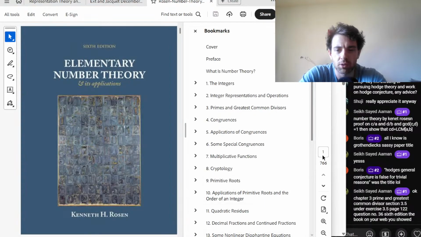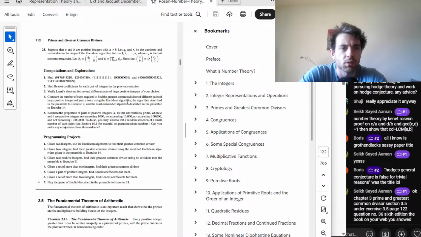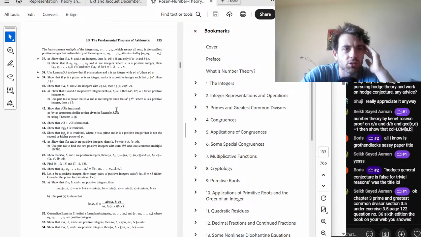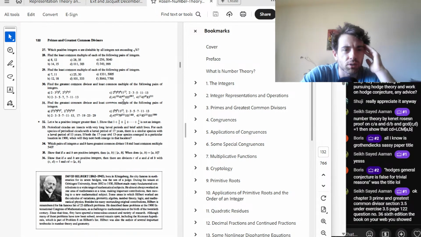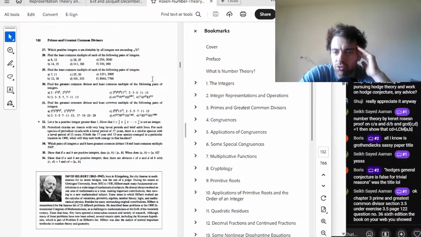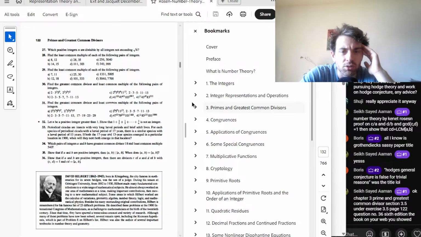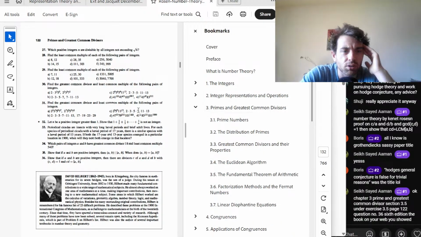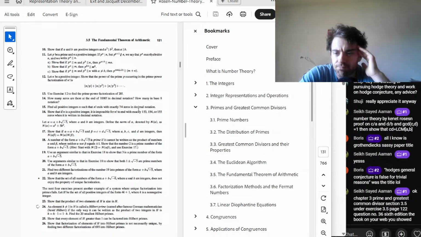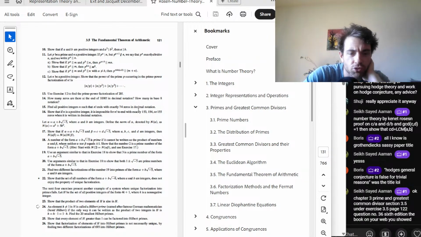Where'd that book go? Exercise, question number 36.